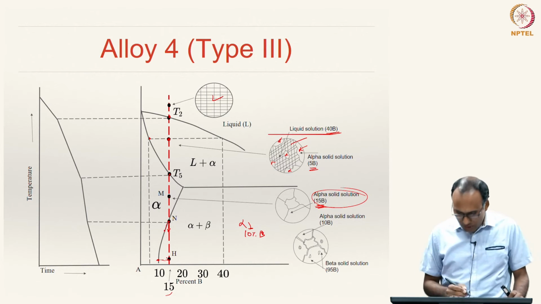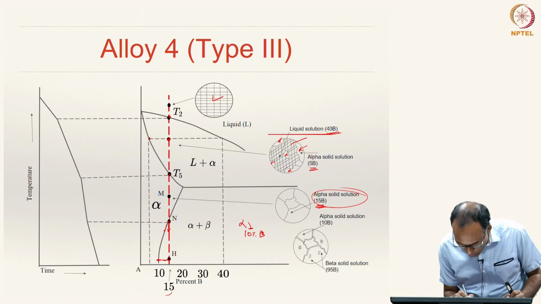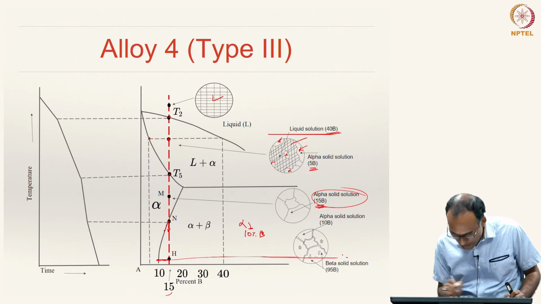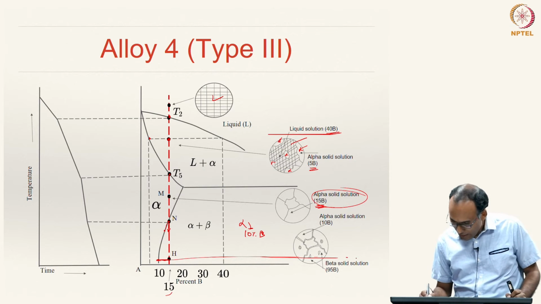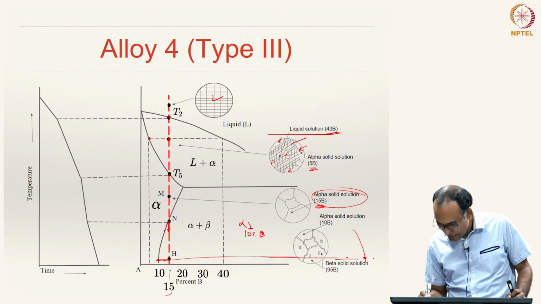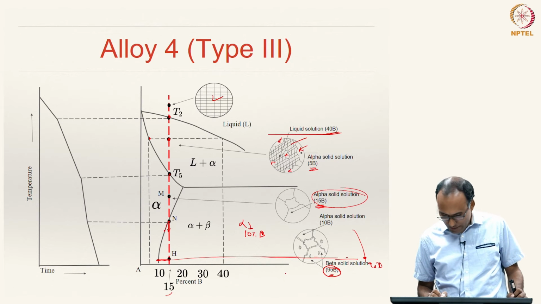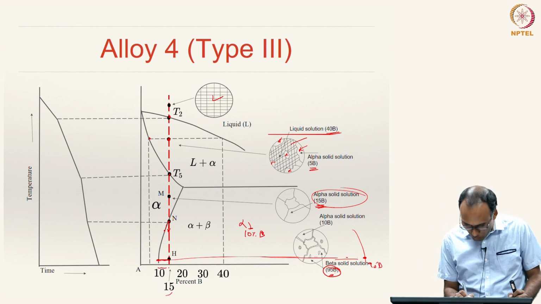So, what will be the microstructure, what will be the weight fraction of that beta? If you draw a straight line, a tie line, in the two phase region, this line hits the GJ line at 95 B, and hence the composition of beta solid solution will be 95 B, and the weight fraction will be very small, only this much.